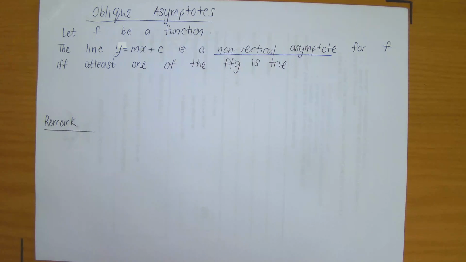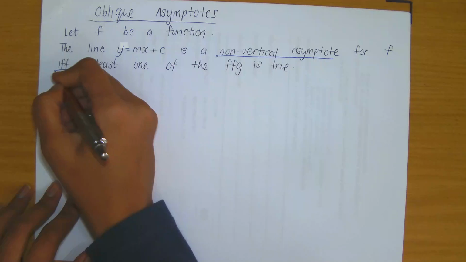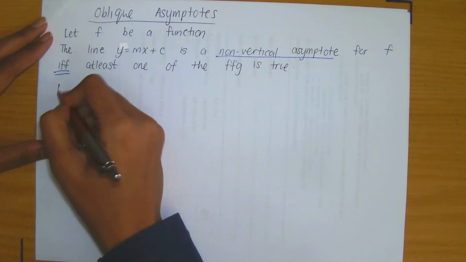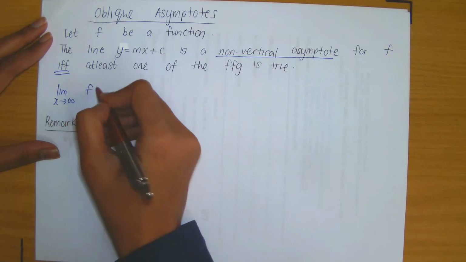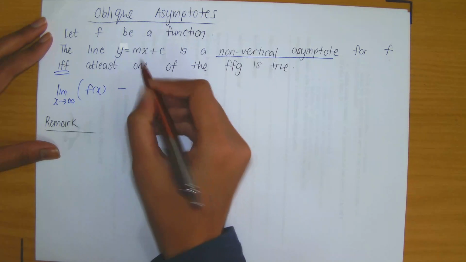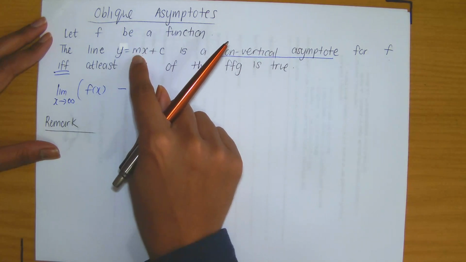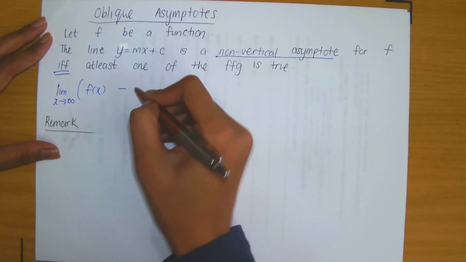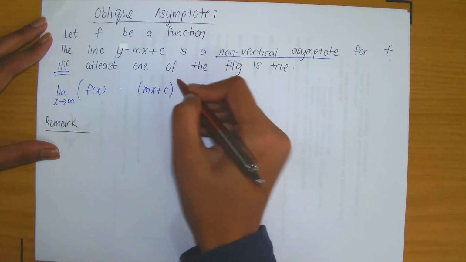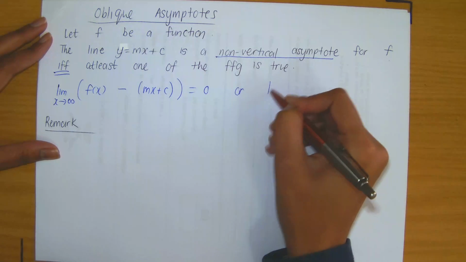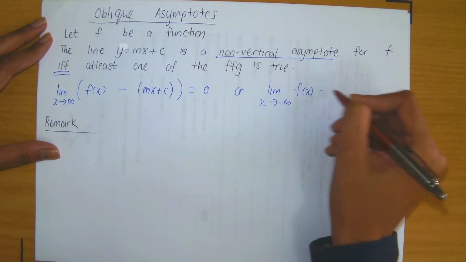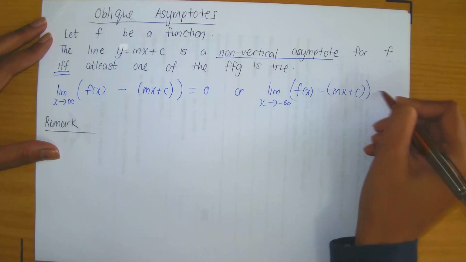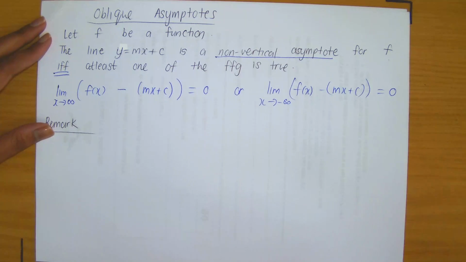So y equals mx plus c is a non-vertical asymptote for your graph if and only if at least one of the following is true: the limit as x approaches infinity of your function f of x minus y equals mx plus c, so meaning minus mx plus c, equals 0, or similarly, if the limit as x approaches negative infinity, evaluating the same function, equals 0.